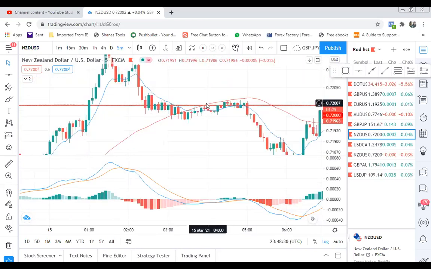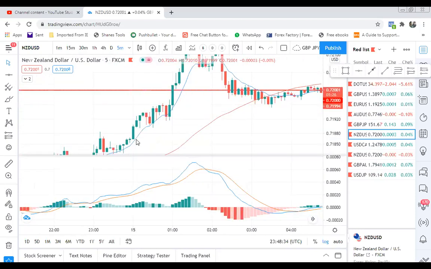Like you see the moving average here resisting the market, and the moving average here supporting the market. So this is a semi-price action trader. He's relying on his price action, but he's also using indicators to gain more confluences for his trade.